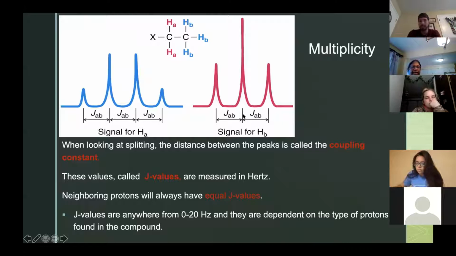J values can be found anywhere from 0 to 20 hertz, and they're dependent on the type of proton found in the compound, like she said before. You will not be able to see the J values in the spectra that we gave you, or it may be very difficult for you to experimentally calculate that. So this is more of a theoretical spiel at this point in time.